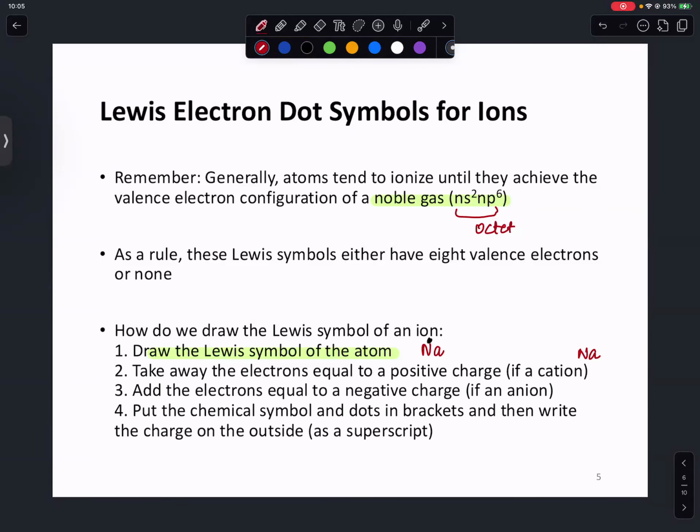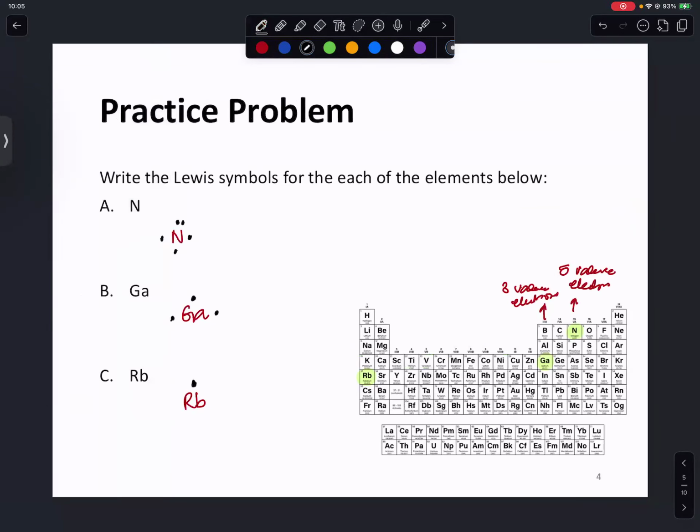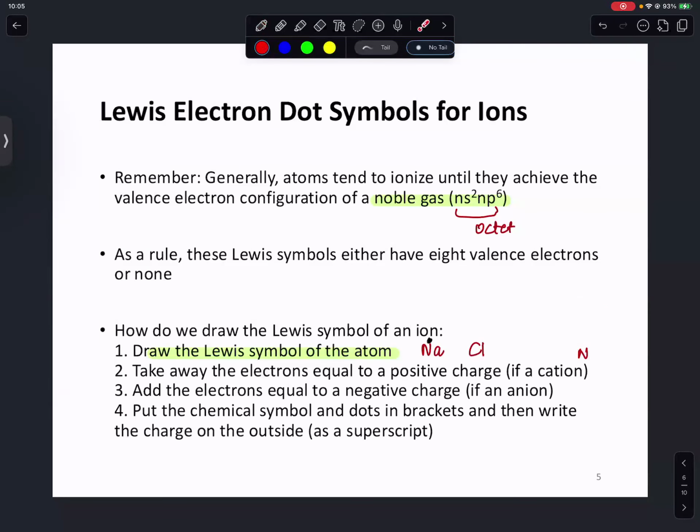Or if I have an anion like chloride, chlorine is in group 17, so it has 7 valence electrons: 1, 2, 3, 4, 5, 6, and then 7.